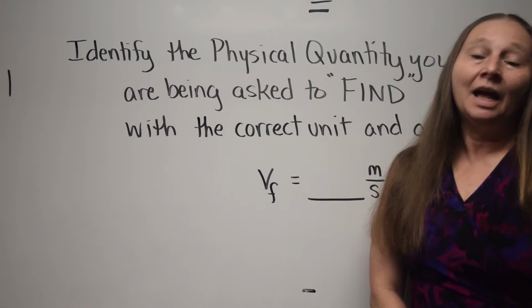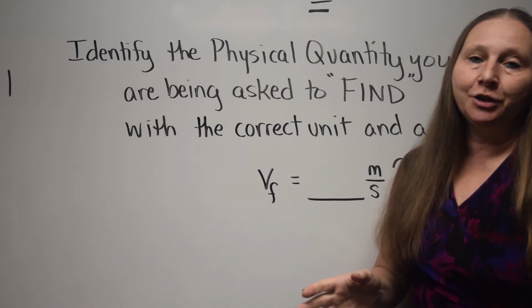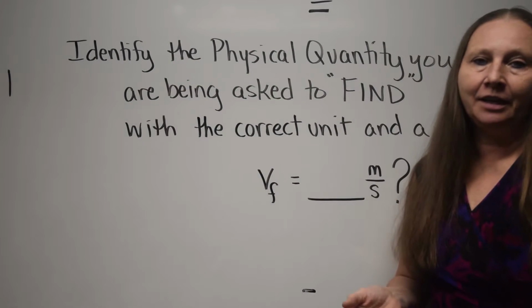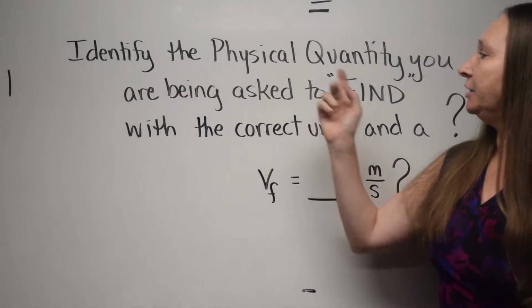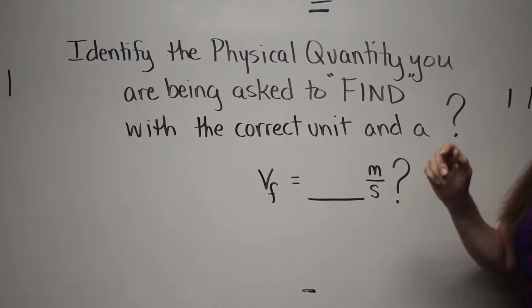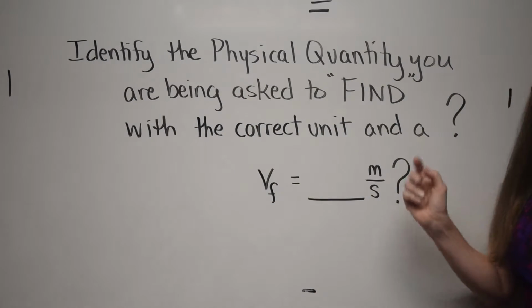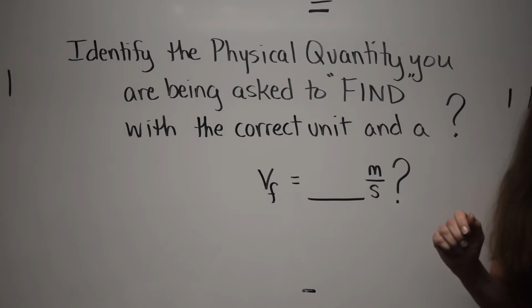And finally, you need to know what physical quantity you're being asked to calculate in the problem. Identify the physical quantity you are being asked to find with the correct unit and a question mark.